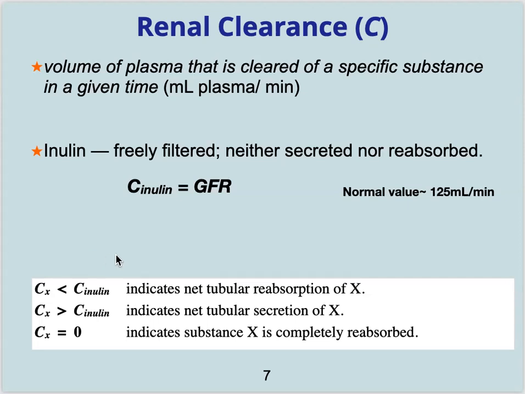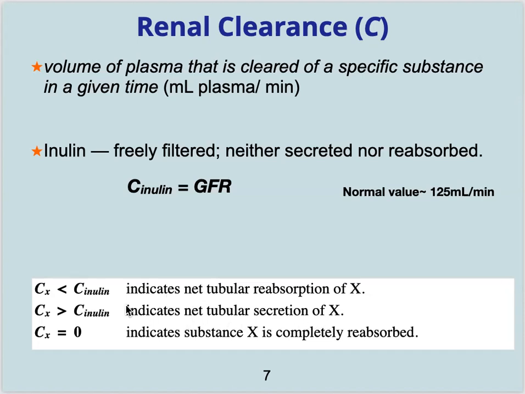So if the clearance of a substance is less than the clearance rate of inulin, then that tells us there's a net tubular reabsorption of that substance. Whereas a clearance higher than the clearance of inulin would indicate there's net tubular secretion. Okay, the key word is net.